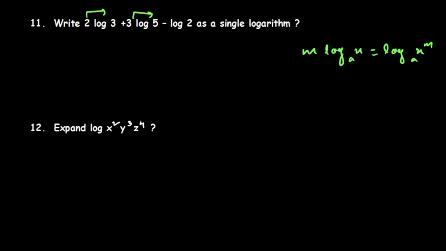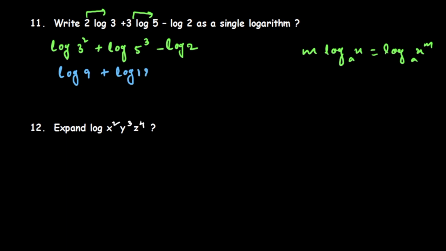So what step do we get now? log 3 square plus log 5 cube minus log 2. Okay, so log 3 square means log 9, and log 5 cube is log 125, minus log 2.